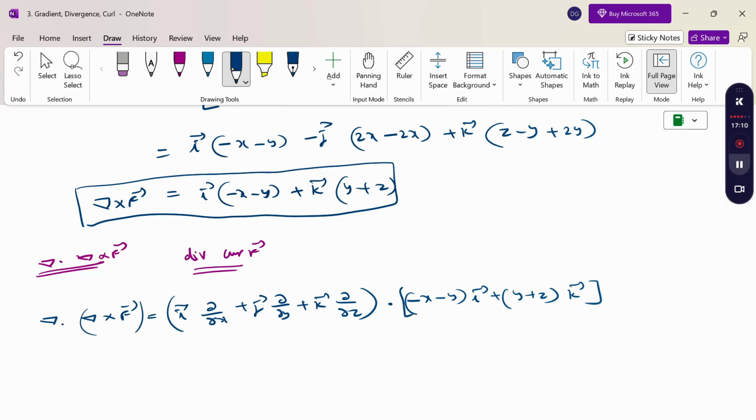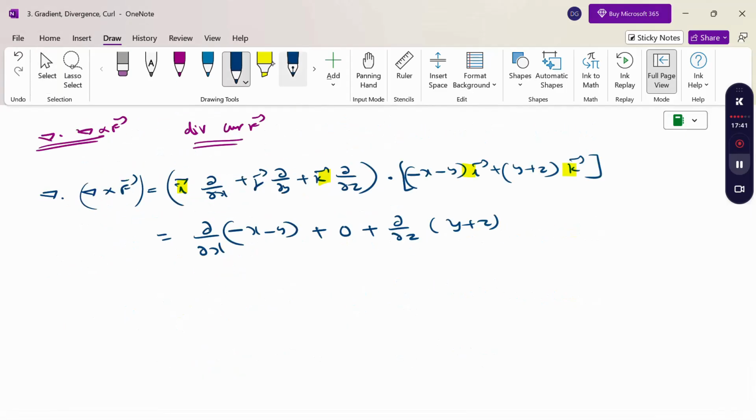When taking the dot product, i dot i is 1, j dot j is 1, k dot k is 1, and other values are 0. Therefore i dot i is 1, the j term is not there so just ignore it, and k dot k is 1. Therefore ∂/∂x of (−x − y), plus the next term 0, and then plus ∂/∂z of (y + z).